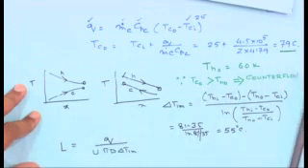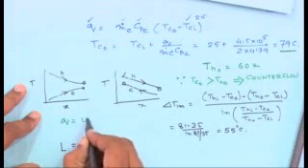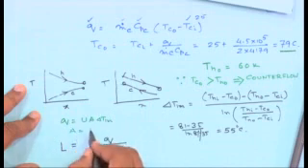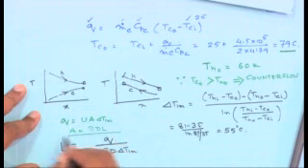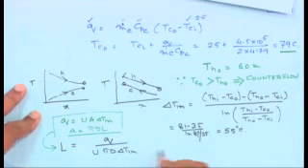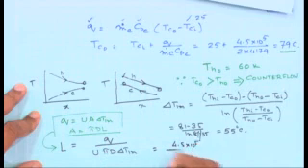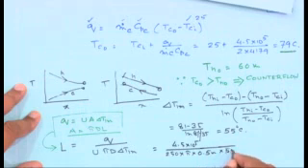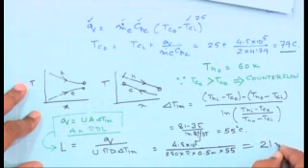This comes from the formula that Q is equal to U A delta T Lm, and your area is simply pi d times L. From this you get the expression for L, and when you put in the values, 4.5 into 10 to the power 5, the value of U is provided, pi times the diameter is also provided, and this is the value of the LMTD, this would roughly be equal to 21 meter.